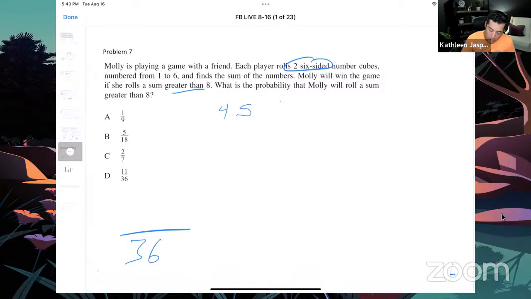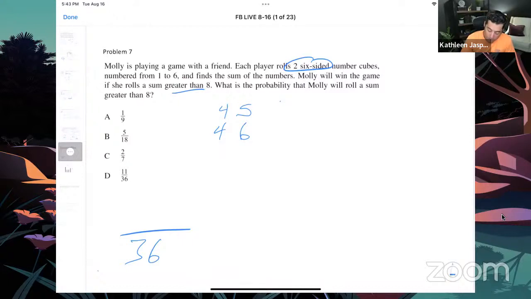So 4, 5 gives me 9. Now what would be next? I can still roll a 4 and then get a 6. 4 and 6 is 10. I'm using the left side as 4. So with a 4 as my first number, I can roll 4, 5 and 4, 6.